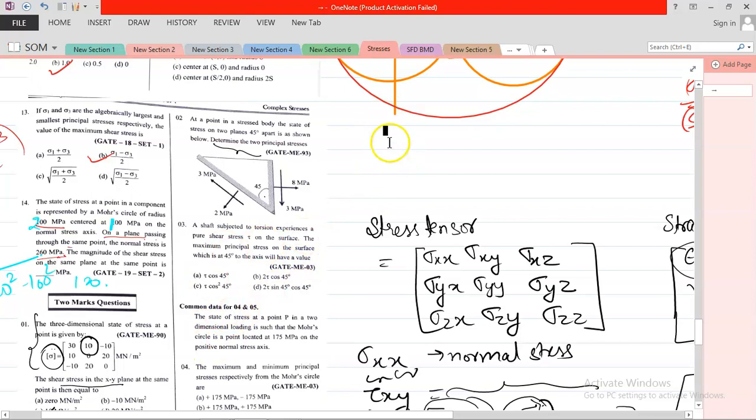So it is given two planes, one at 8 megapascal and shear at 3 megapascal, and it is given at the 45 degree plane, and you need to obtain the two normal stresses.